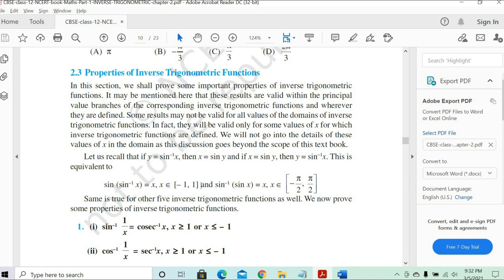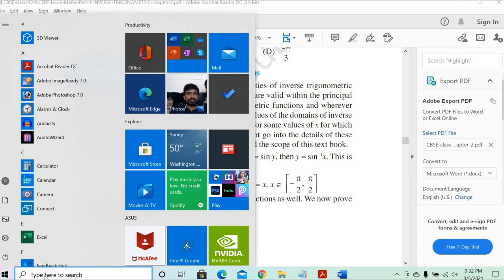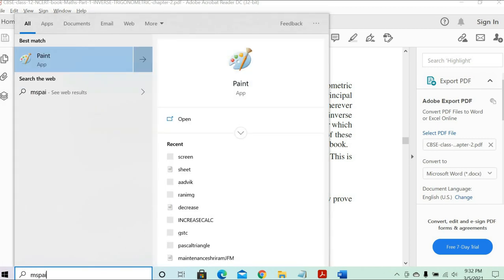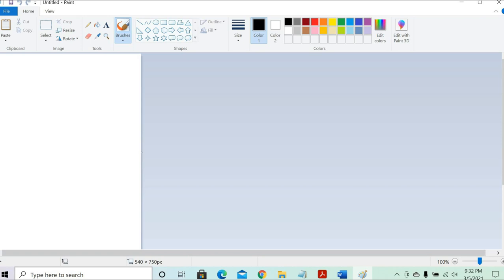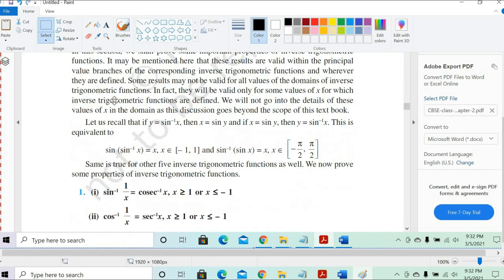When it goes to the other side, it will become the sine of y. So you'll get sine y is equal to x, isn't it?